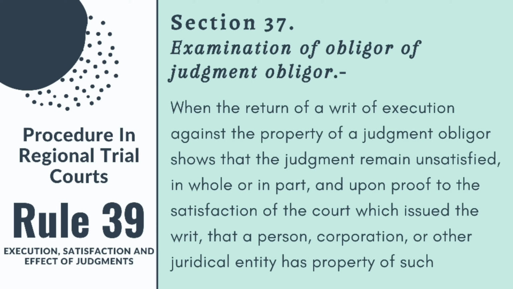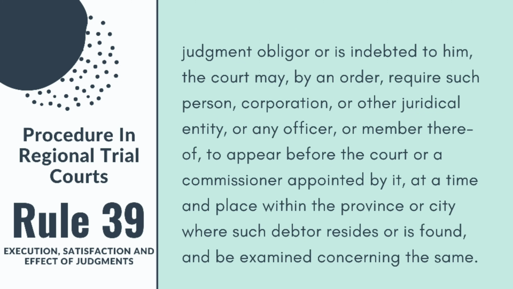When the return of a writ of execution against the property of a judgment obligor, shows that the judgment remains unsatisfied, in whole or in part, and upon proof to the satisfaction of the court which issued the writ, that a person, corporation, or other juridical entity has property of such judgment obligor or is indebted to him, the court may, by an order, require such person, corporation, or other juridical entity, or any officer, or member thereof, to appear before the court or a commissioner appointed by it, at a time and place within the province or city, where such debtor resides or is found, and be examined concerning the same.